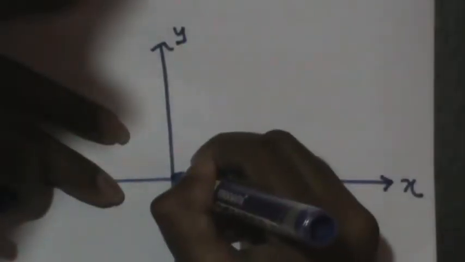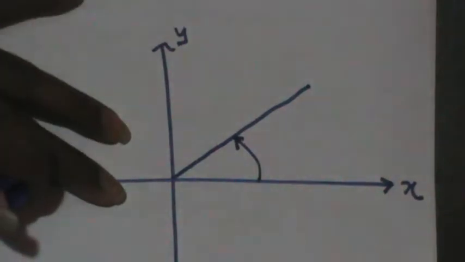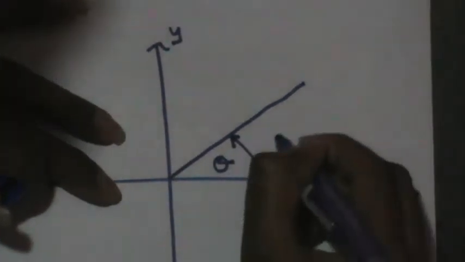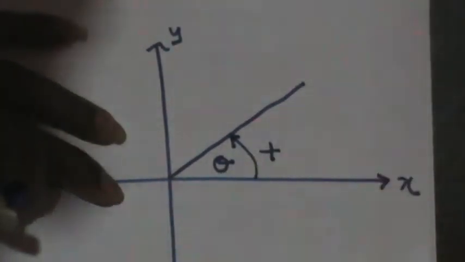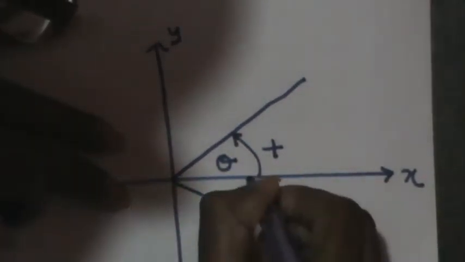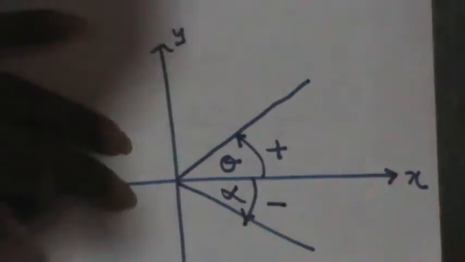We define an angle in trigonometry to be either a counterclockwise rotation of an angle theta as positive and a clockwise rotation of an angle we call alpha, which is theta.